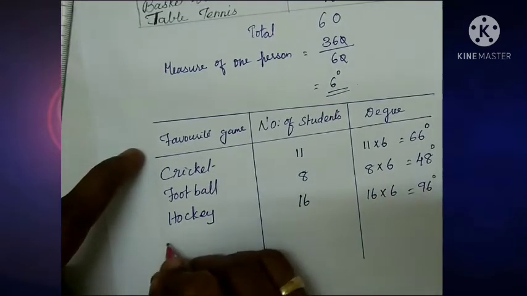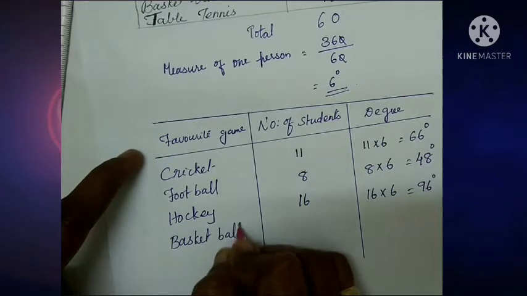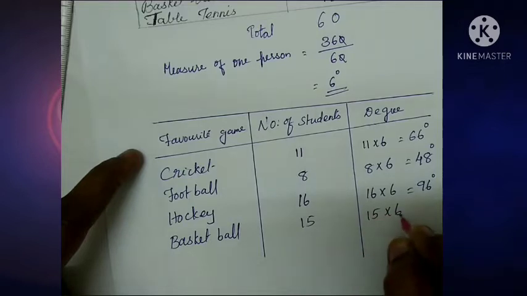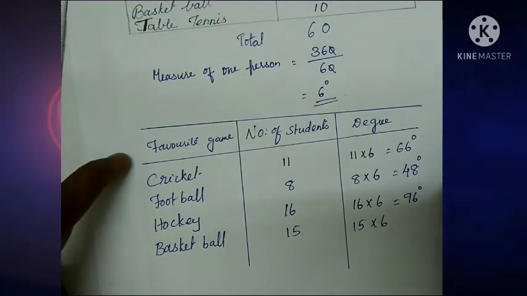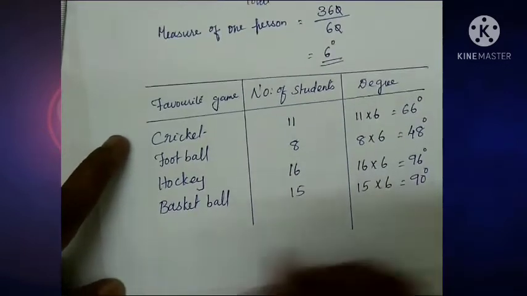And then basketball. Basketball, how many students are there? 15. So here 15 into 6. 5 6s are 30. 3 balance. 1 6 is 6. 6 plus 3, 9. So here 90 degree.